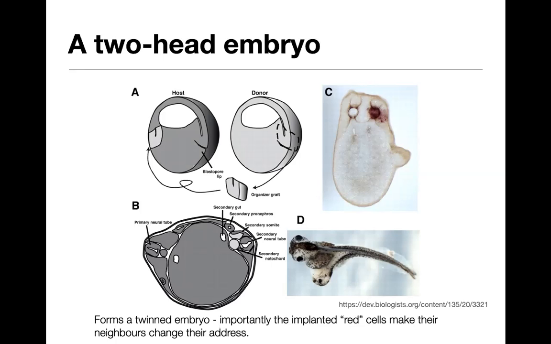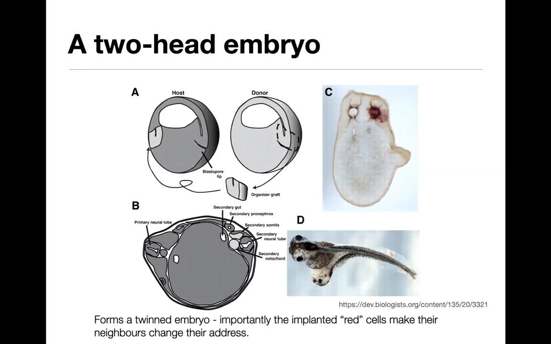That's cool, and that's very nice. But the important piece of information here is that because she had used hosts and donors with different levels of pigmentation, she could tell that the donor blastopore lip was able to make the surrounding host tissue change its fate as well.